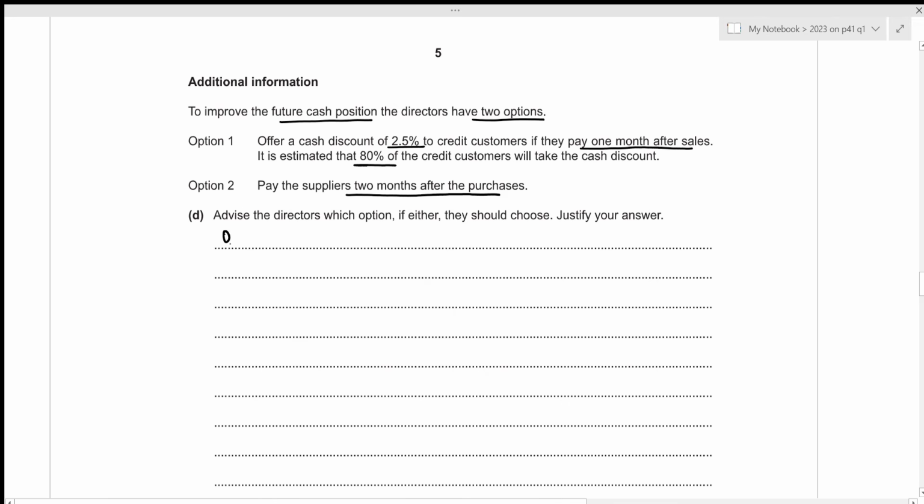Okay, let us write down 3 comments for option 1. For option 1, we are now offering a cash discount if the credit customers pay 1 month after sales. So if the credit customers take this cash discount, then it means that cash will be received quicker. That's the first point that we can write down. Cash will be received quicker.